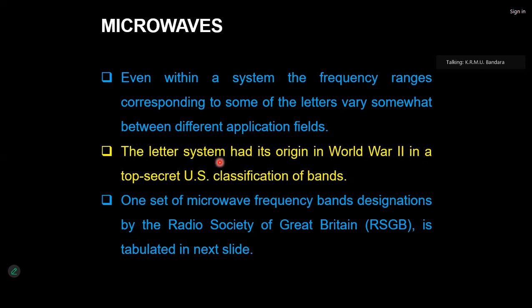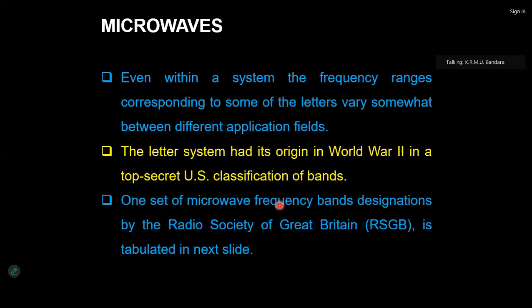But L, X, C are not in alphabetical order, so that is the problem. If you know the band L, we don't know what C is. We think C has a shorter wavelength than L, because in the alphabetical order L goes far away and C is at the beginning. Therefore, we think C is a lower wavelength and L is a higher wavelength. Like this, we get confused.